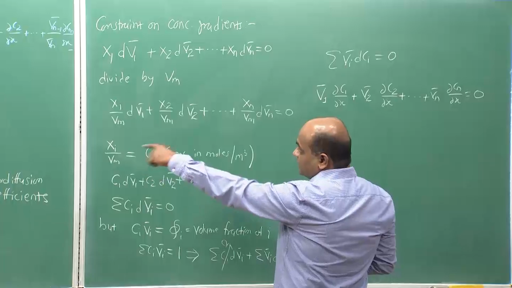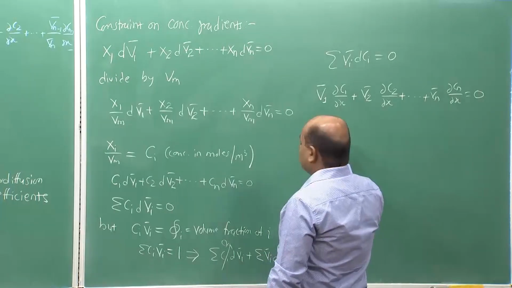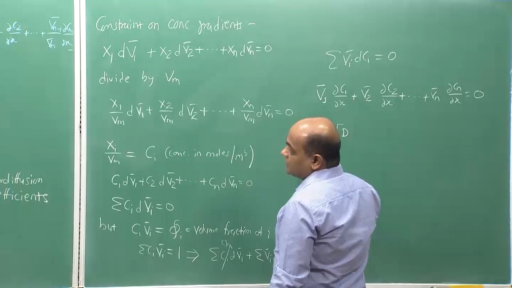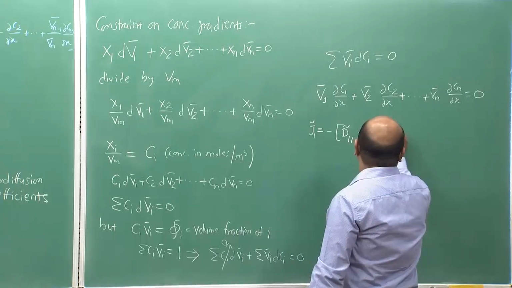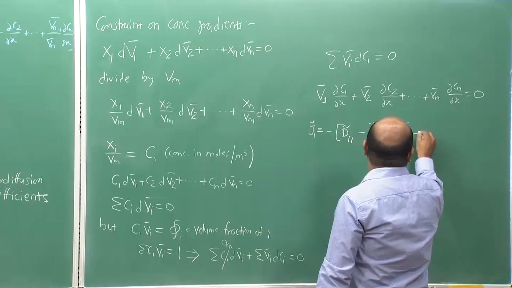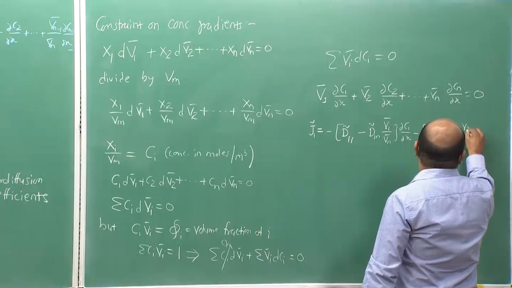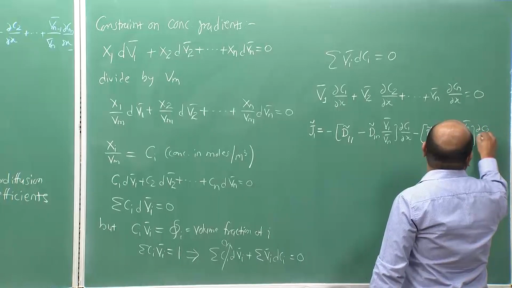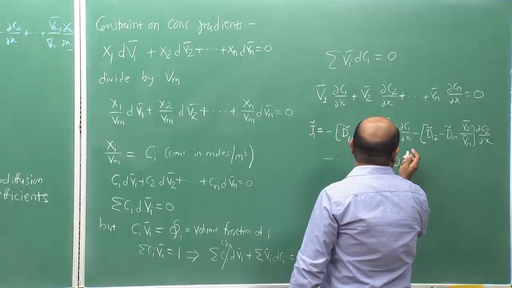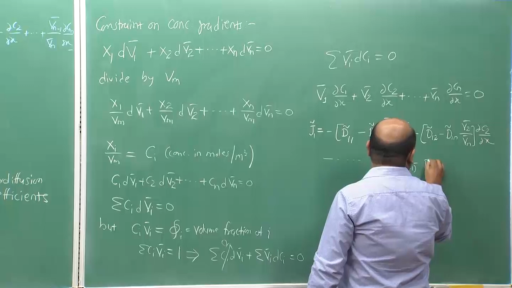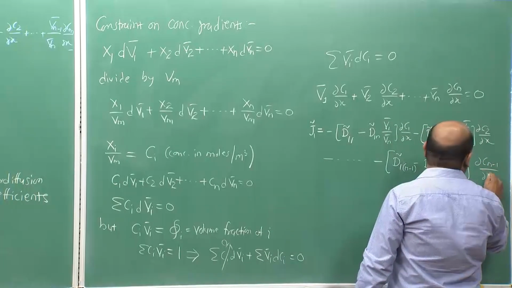Then we rearrange to take out the gradient terms individually, and we get minus d tilde 11 minus d tilde 1n V1 bar over Vn bar dou C1 by dou x, minus d tilde 12 minus d tilde 1n into V2 bar over Vn bar dou C2 by dou x, minus so on till the n minus 1th term, d tilde 1 n minus 1 minus d tilde 1n into Vn minus 1 bar over Vn bar dou C n minus 1 by dou x.